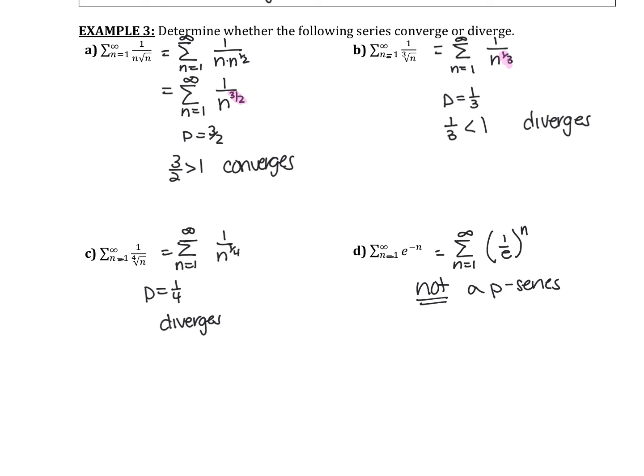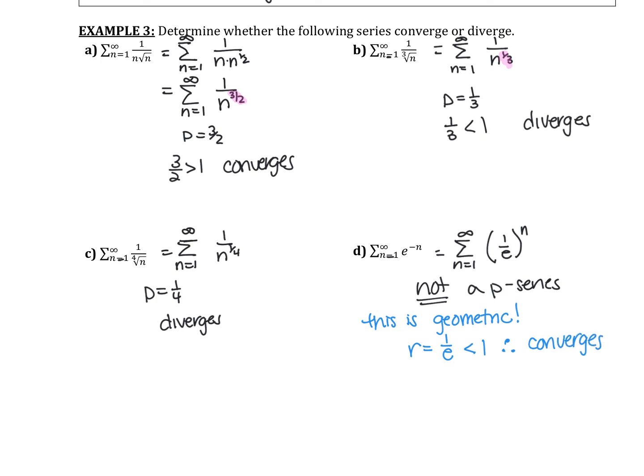But it is a problem we can solve. This is geometric. And in this case, my r is equal to 1 over e, which we know is less than 1, and therefore this converges.